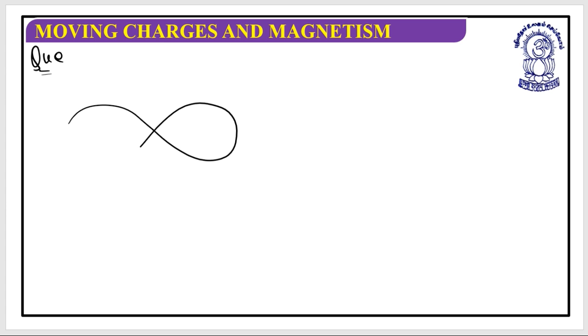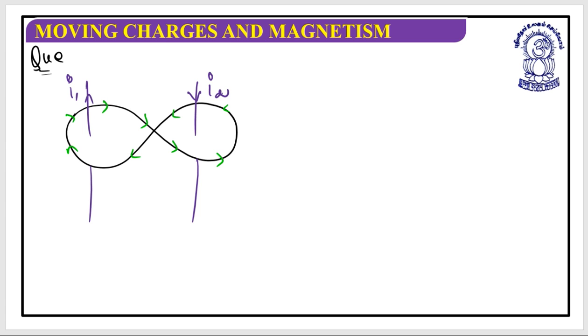Suppose this is our loop and we have current elements, this is I1, this is I2, this is the direction. I hope this is visible. Yes, okay.